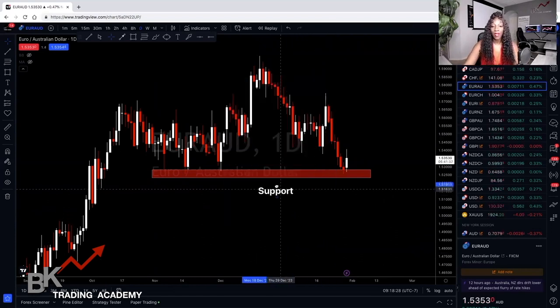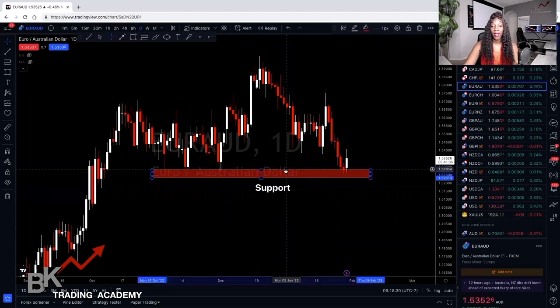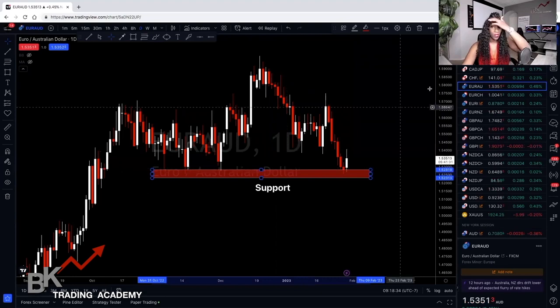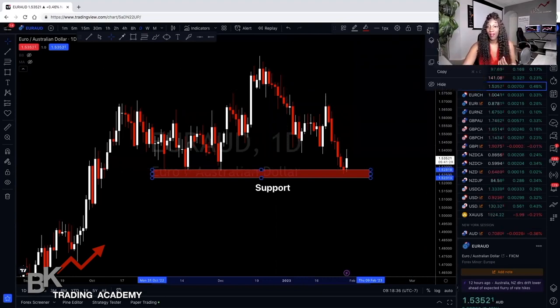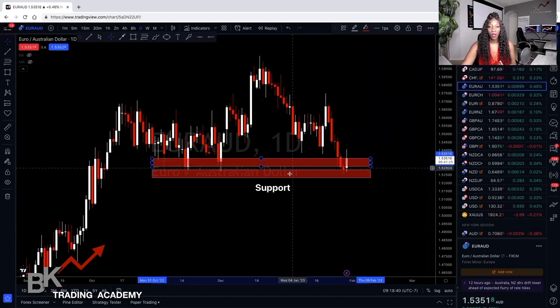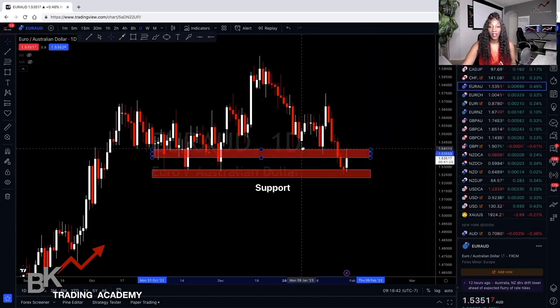And now I'm going to clone this zone, and I'm going to find an area of resistance where I could find an opportunity to possibly sell in the market, okay? So let's go ahead and clone this. And then we are going to find our area of resistance. Now, why am I highlighting this area?